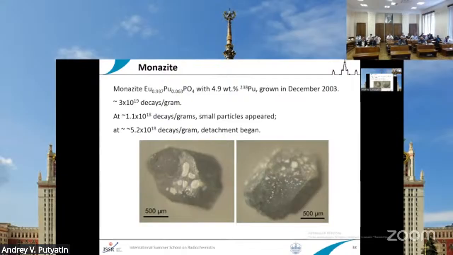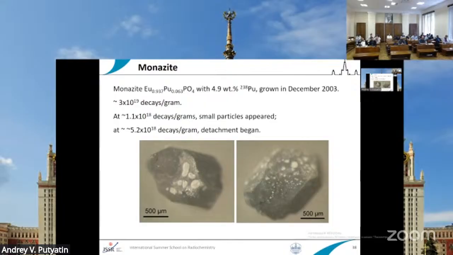So due to some radiation effects, the bulk structure of the monazite stayed in quite good crystalline form. But on the surface there are changes due to the interaction of the surface with the moisture. So it was like very small dissolution-precipitation effects.